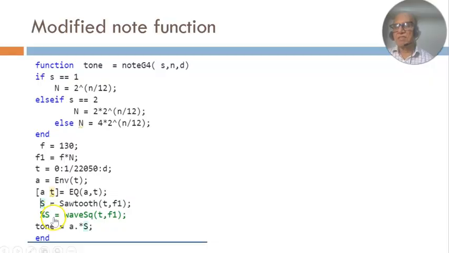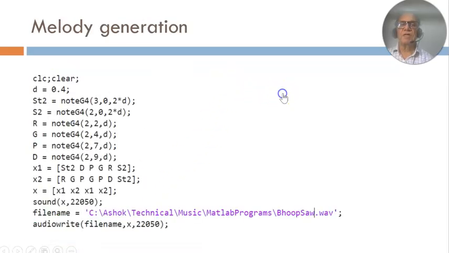But if I want square wave, then I'll put this in comments and I'll get the square wave. Alright, the rest of it is similar. Whatever we have explained so far, all that applies. This generates the ADSR, this is the equal function, this will generate sawtooth, product of ADSR and the waveform, and then you return.